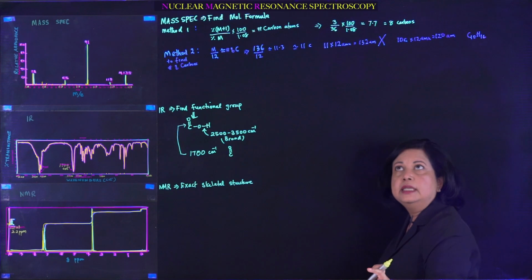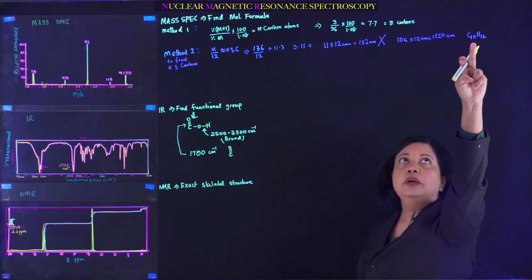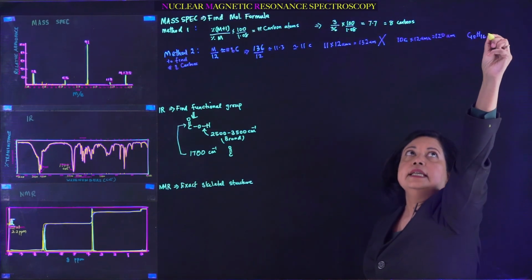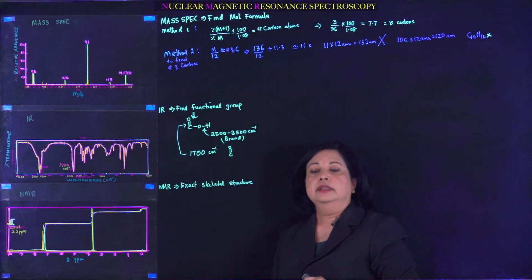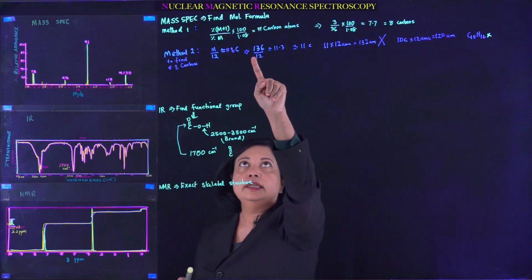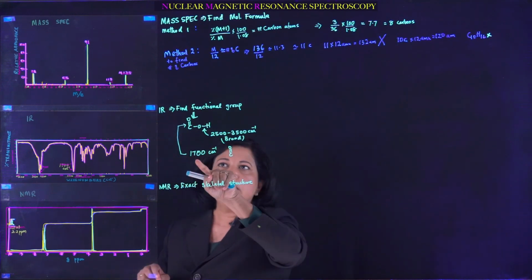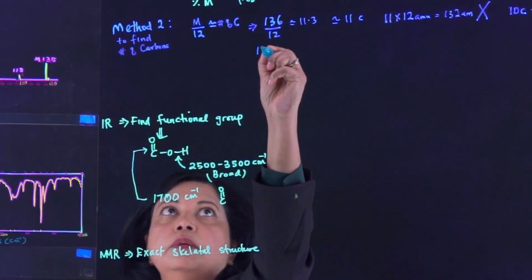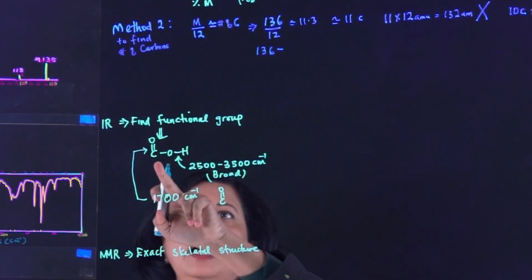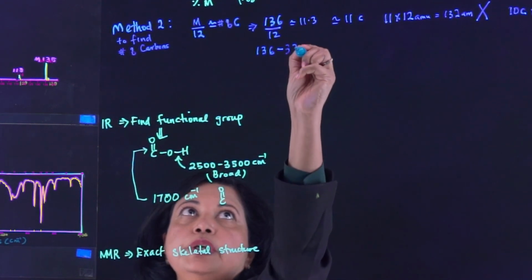What would that tell us about the structure then? That means we don't have C10H16. We have two oxygens in here. So in the 136, we have to subtract the 32 for the oxygens.